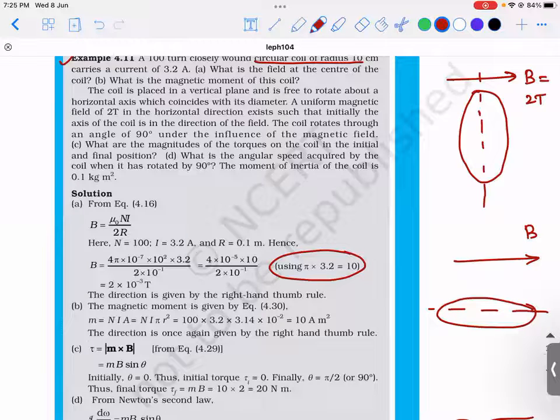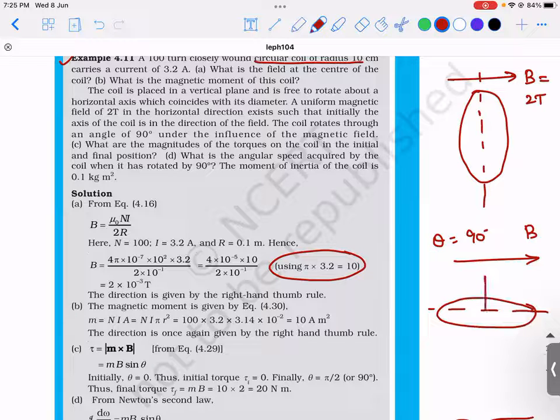The coil starts rotating through an angle of 90 degrees under the influence of magnetic field. If this kind of a scenario happens, initially what is the value of theta? It is 90 degrees.